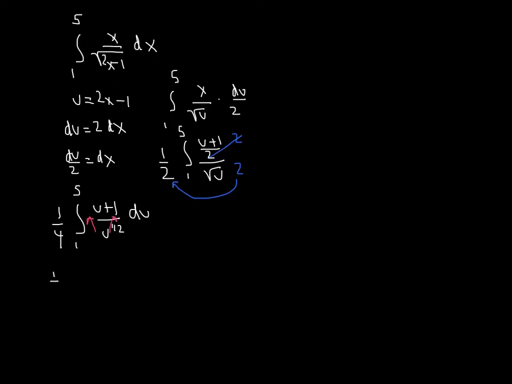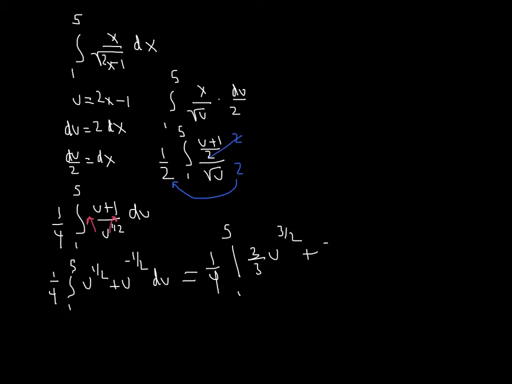And so I get 1/4 the integral from 1 to 5 of u to the 1/2 plus u to the negative 1/2 du. Now I'm going to integrate, so that's going to equal 1/4 times, from 1 to 5, 2/3 u to the 3/2 power plus 2 u to the 1/2 power.